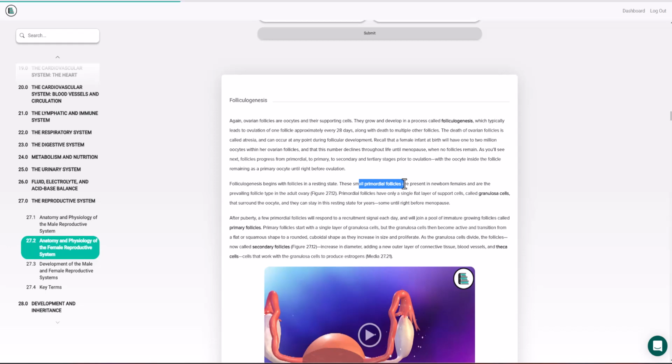It's about a 2-month process, and some of the primordial follicles, it says here a few, will be recruited, about 20 every month, and they will become primary follicles.